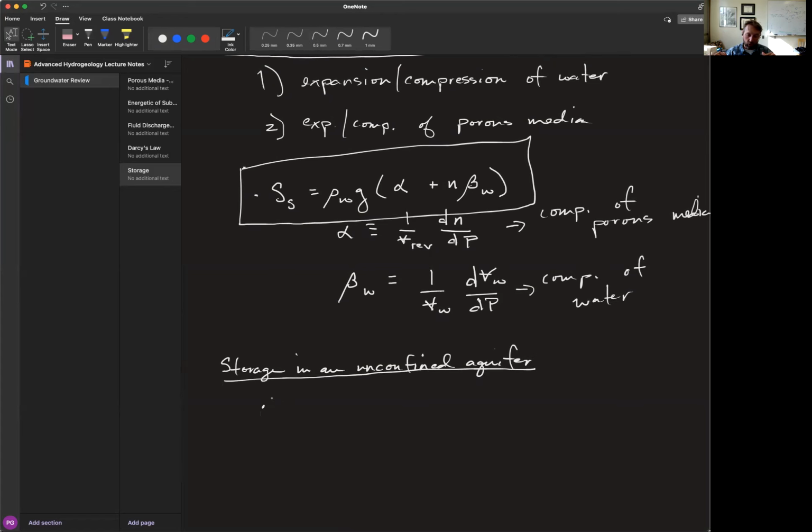All right, if I put a well into an unconfined aquifer, the water table rises to the level of the water table. And so if I pump, I am dropping the water table. All right, I'm dropping the head, I'm dropping the water table, and I'm draining pores. So when we pump out or when we change the storage in an unconfined aquifer, we drain or fill pores.